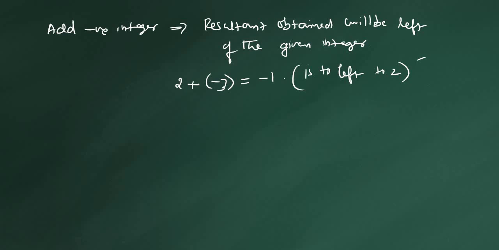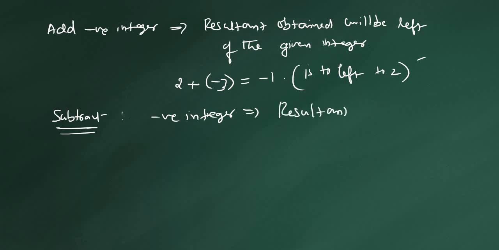Like that, subtraction also we will take. Suppose you subtract any negative integer. When you subtract a negative integer, the resultant obtained is to the right of the given integer.